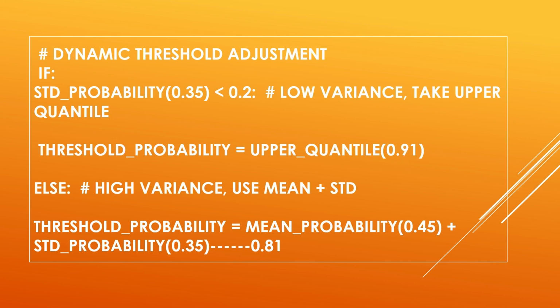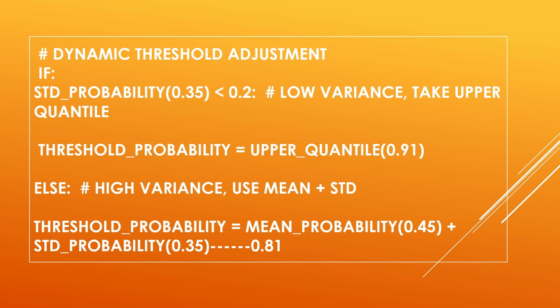Why? Because with this approach we adjusted the threshold upwards. When we know that standard deviation is not making much effect on the data, why not take the upper quantile, that is, the higher fraud probability records.